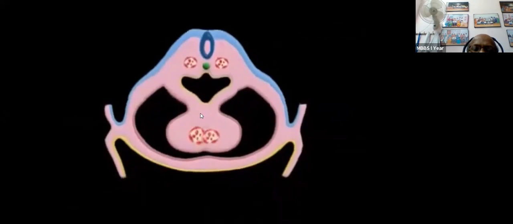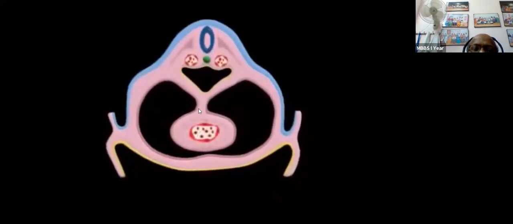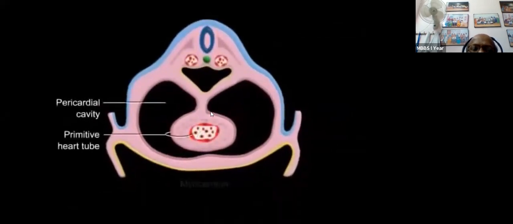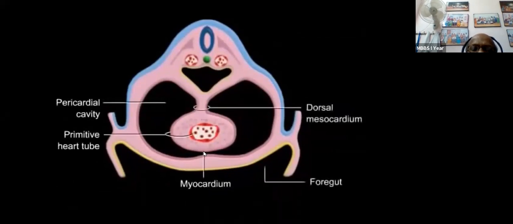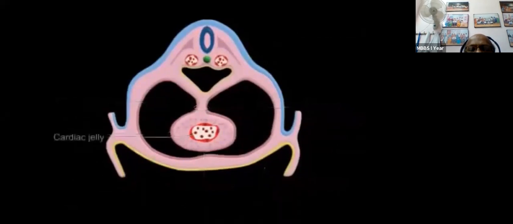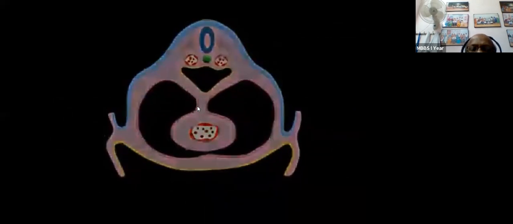It is on the dorsal aspect, suspended by the dorsal mesocardium. There is no ventral mesocardium. In the case of the stomach, we have ventral and dorsal mesogastrium, but here we have only dorsal mesocardium.